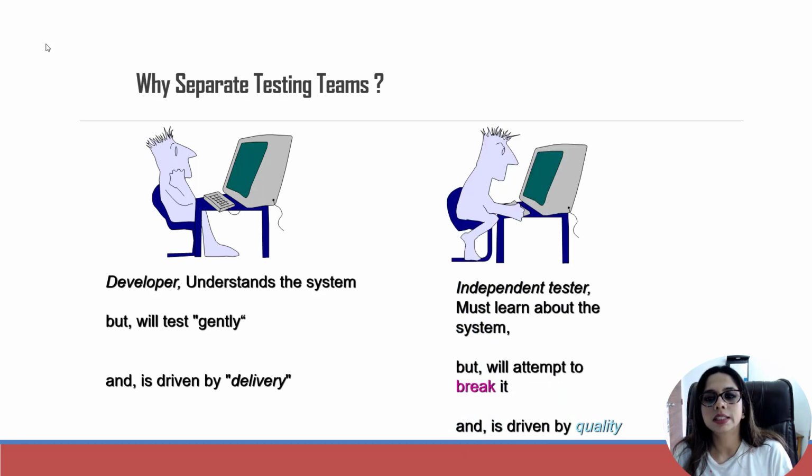But a tester who knows the software inside and out, who first understands the entire business logic of the software and then starts working upon it, will have knowledge of the core of the software and will be able to test it well, because he is driven by quality. The tester's mind works in a way where he is responsible.